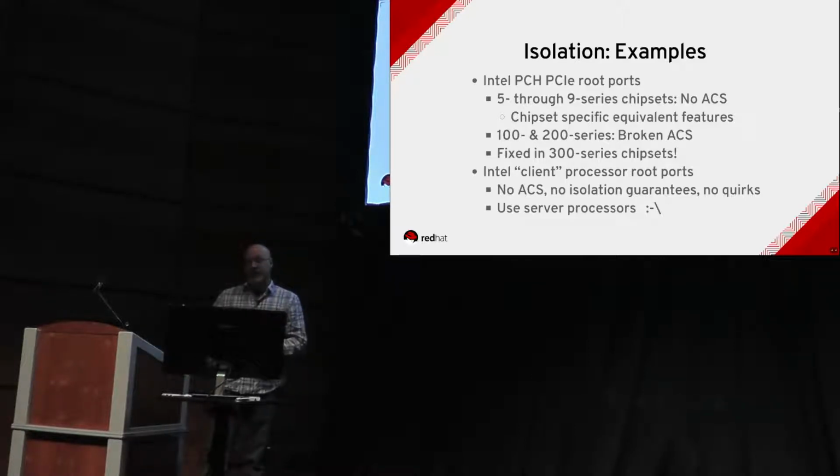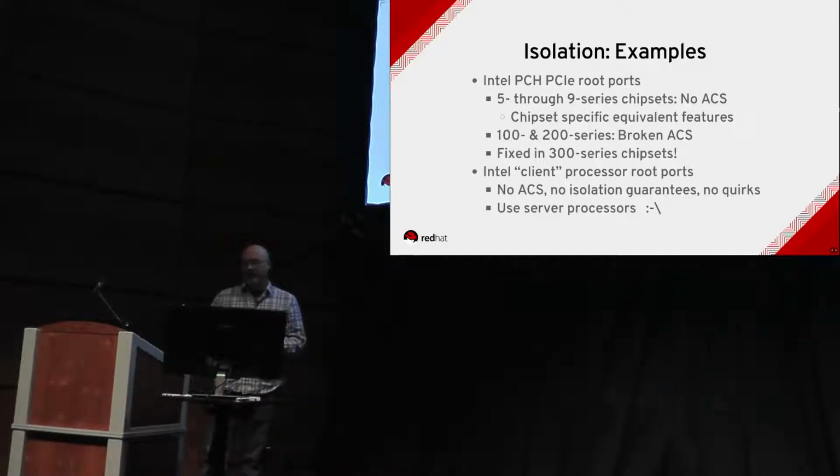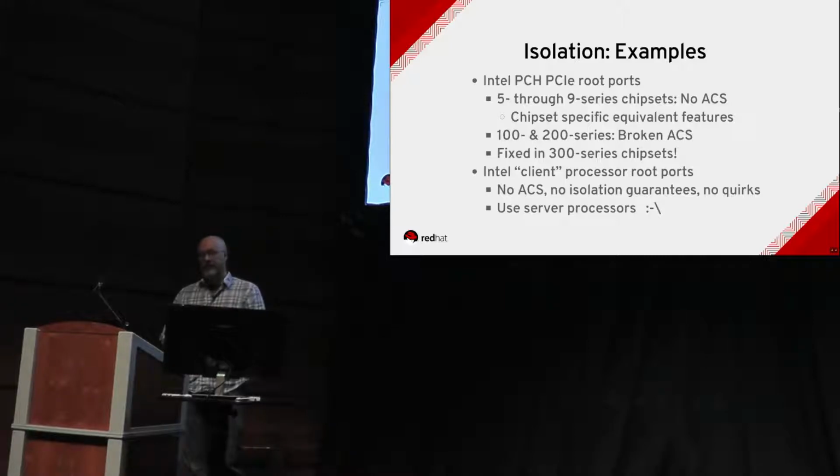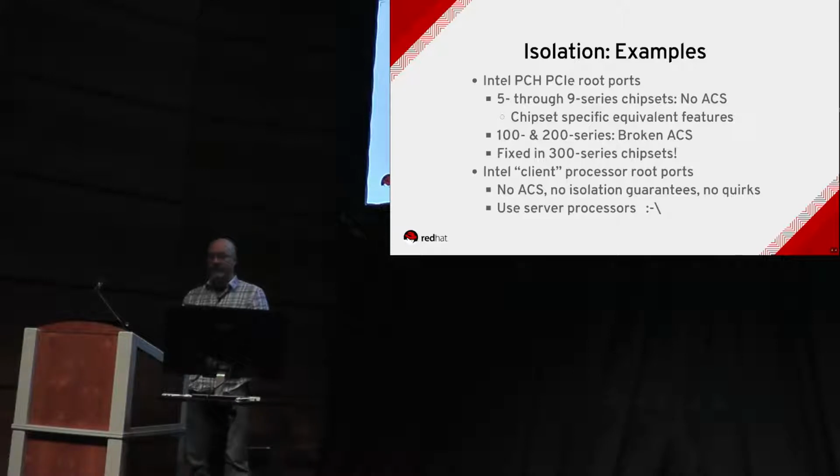And of course, a lot of chipsets came out before we started really looking at device assignment and what the requirements of doing device assignment are. So there are a number of Intel chipsets listed here where the Southbridge, the PCH root ports, do not implement ACS, but the chipset itself has features that allow us to implement equivalent ACS. So we've worked with Intel to provide that.